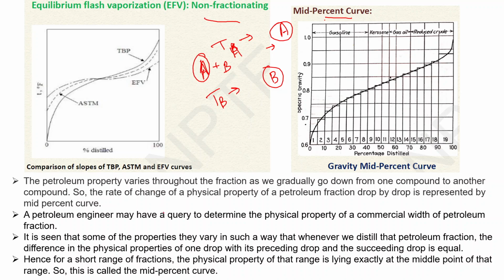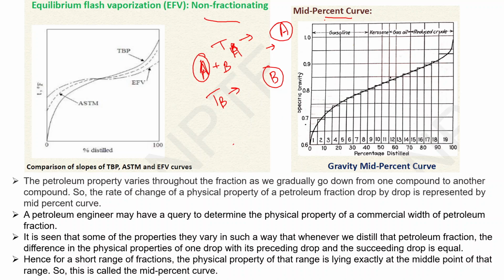It is seen in some cases that whenever we distill a petroleum fraction, the difference in the physical property of one drop compared with the preceding drop and the succeeding drop is very small.